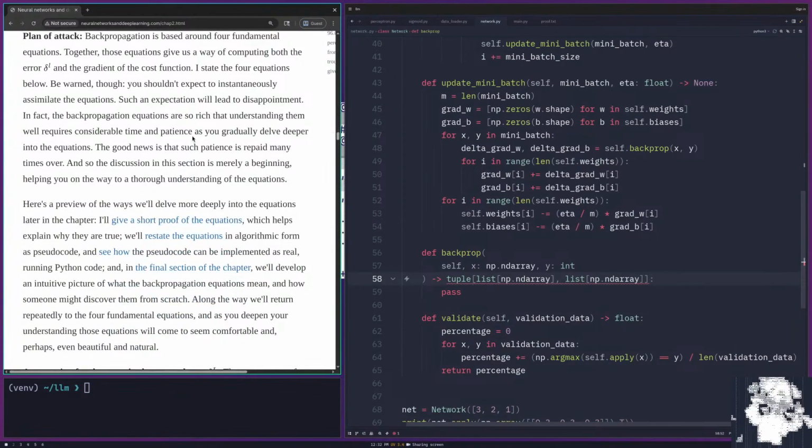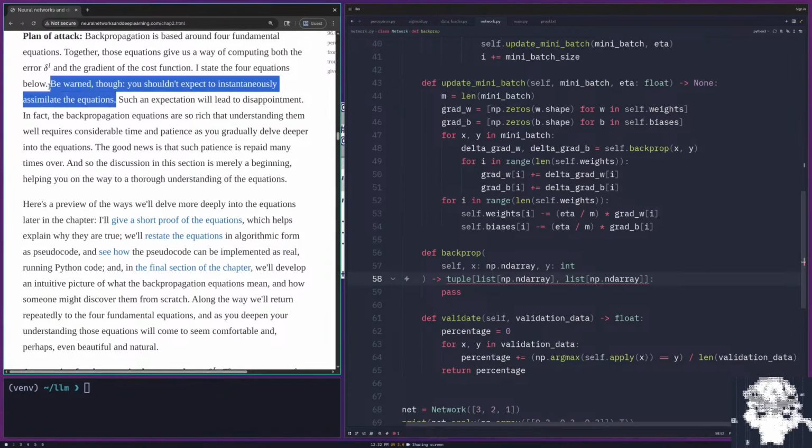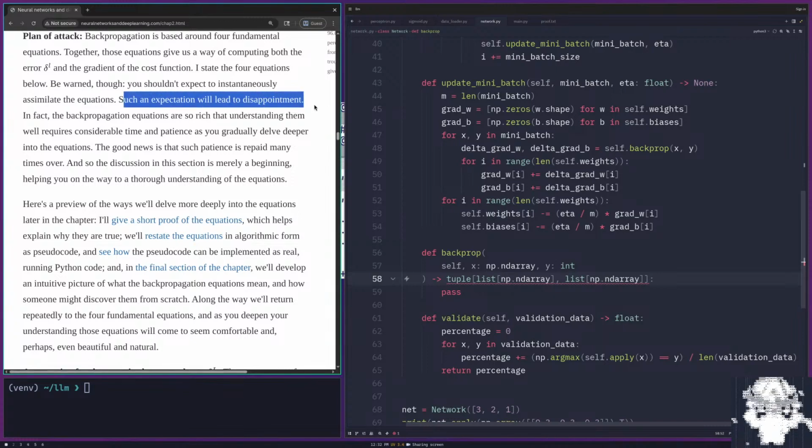Okay, plan of attack. Backpropagation is based around 4 fundamental equations. Together, those equations give us a way of computing both the error, delta L, and the gradient of the cost function. I state the 4 equations below. Be warned, though, you shouldn't expect to instantaneously assimilate the equations. Such an expectation will lead to disappointment. We'll see about that.